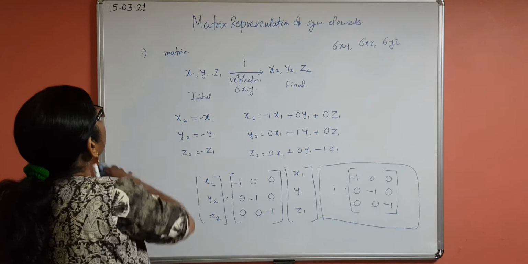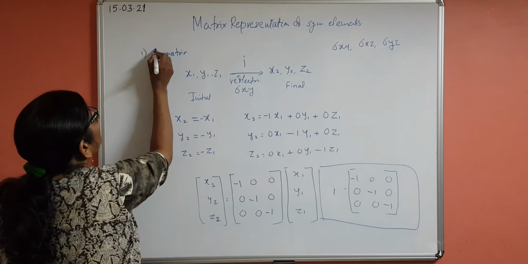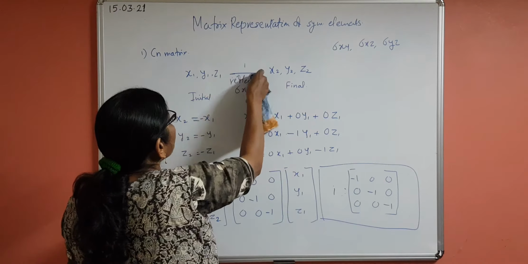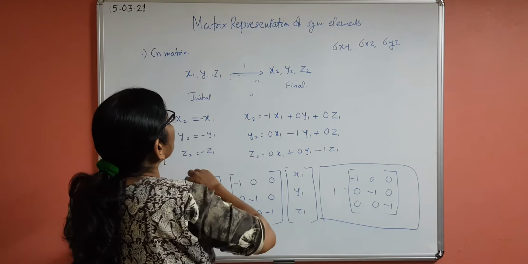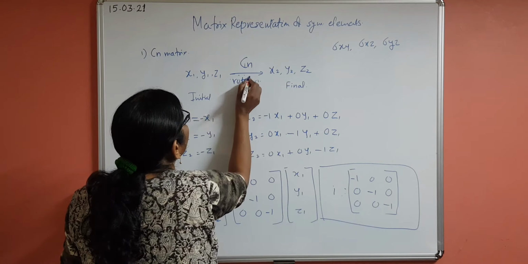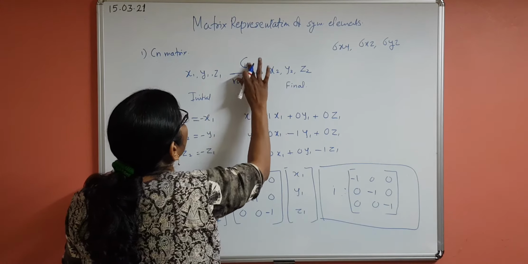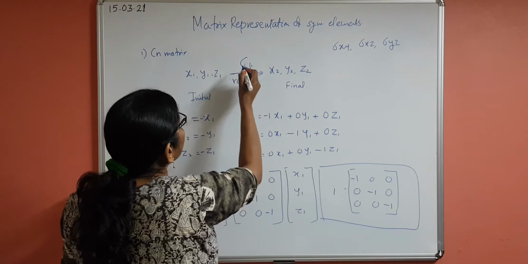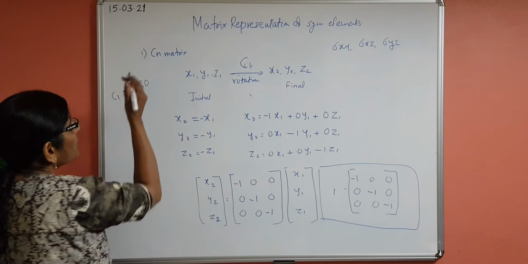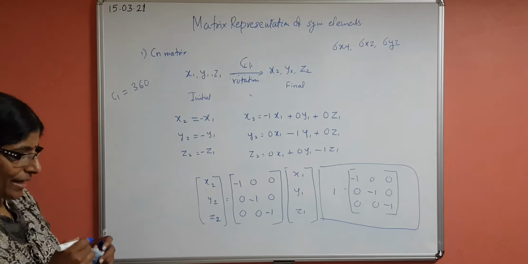Now we'll go for the Cn matrix. That will definitely be a rotation, not a reflection. So you can write Cn as rotation. For example, C1 is a 360 rotation, so it will be an identity operation.